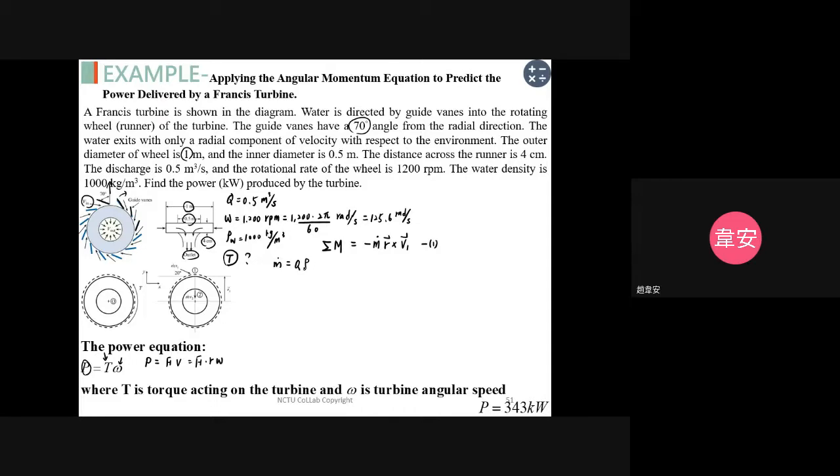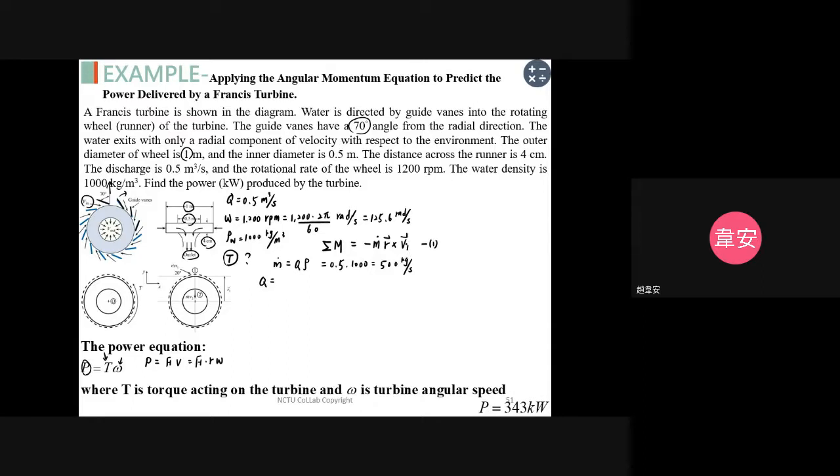We know the Q is 0.5 and the density is 1000. So this is equal to 500 kilograms per second. So how can we compute the V1 value?